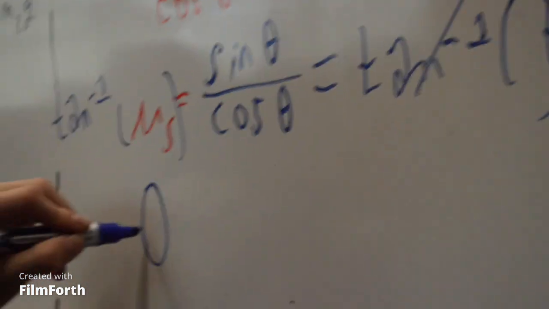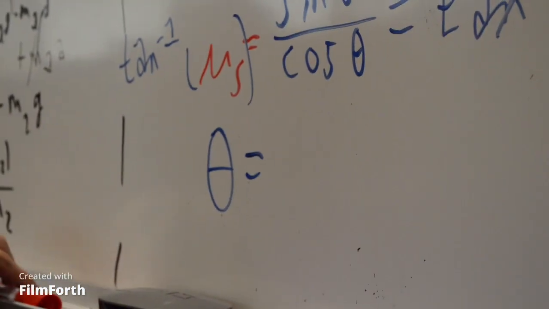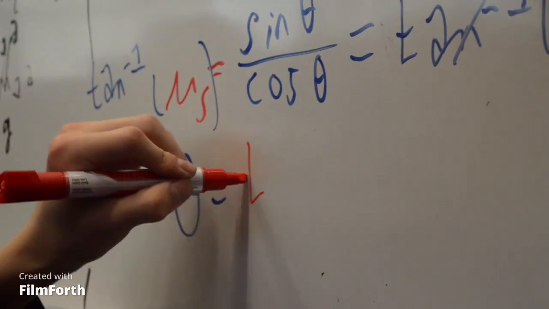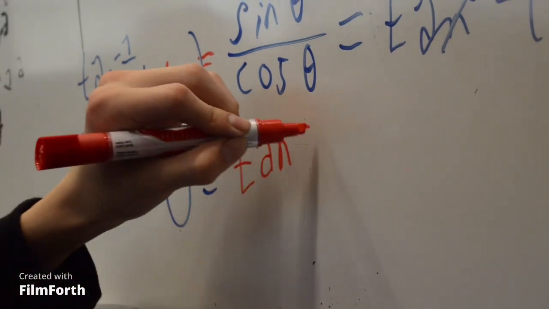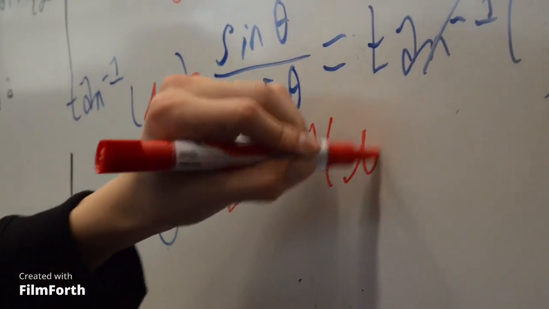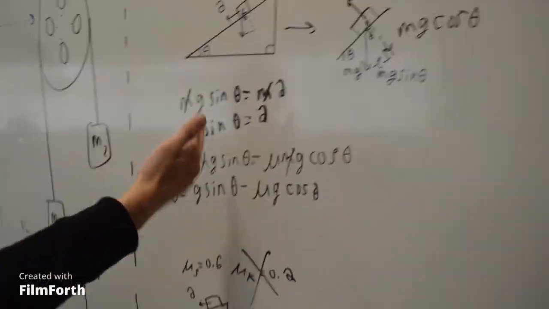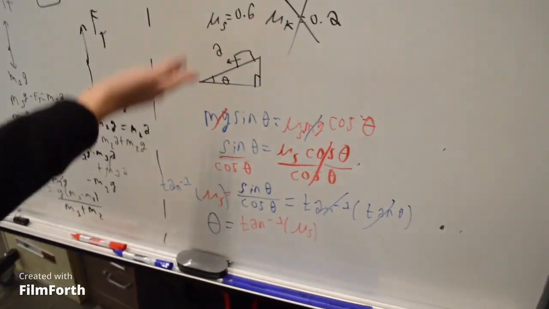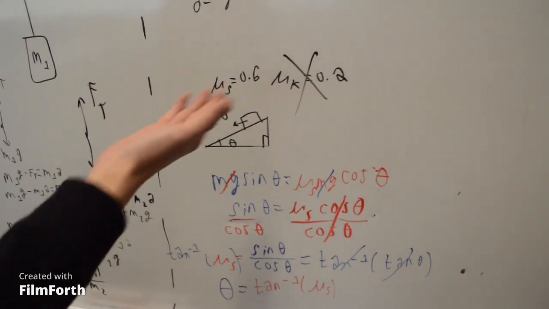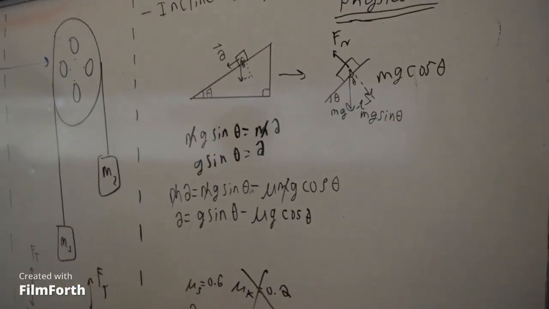Therefore, theta equals tan inverse of mu s. There we go. So we basically covered acceleration when friction is negligible, when it's not negligible, and how to find theta when it's static friction. If it's kinetic friction, it's not going to be the same equation.